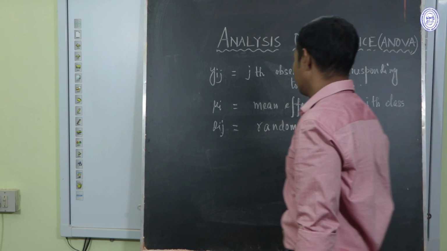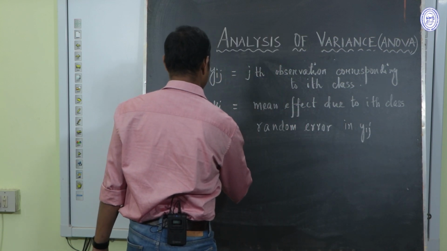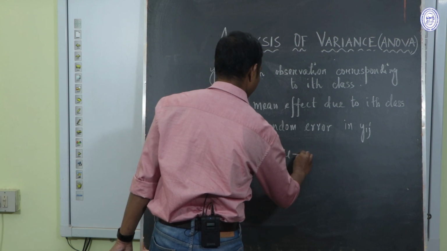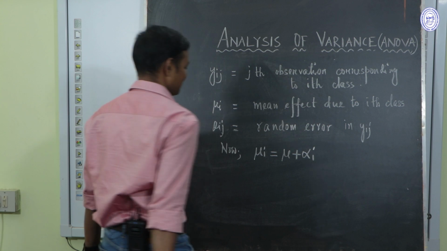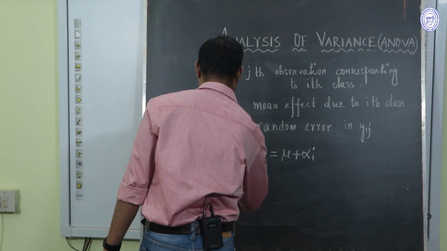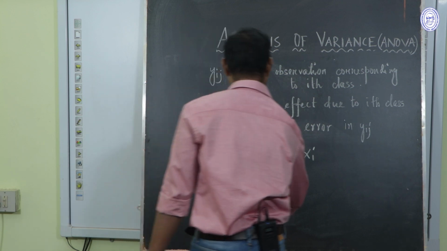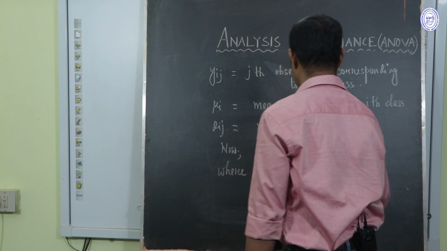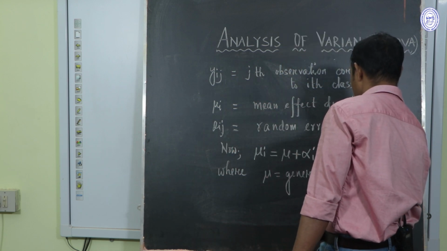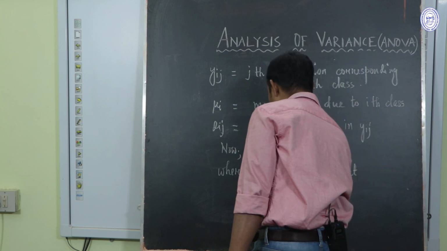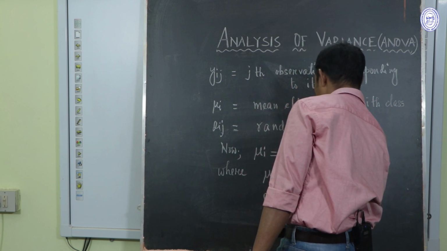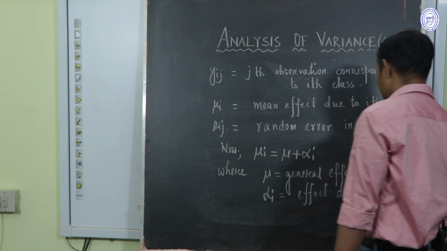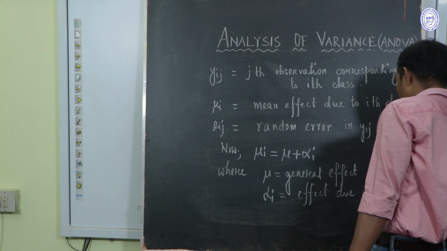Now, mu i equal to mu plus alpha i, where mu equals the general effect, and alpha i equals the effect due to the ith class.